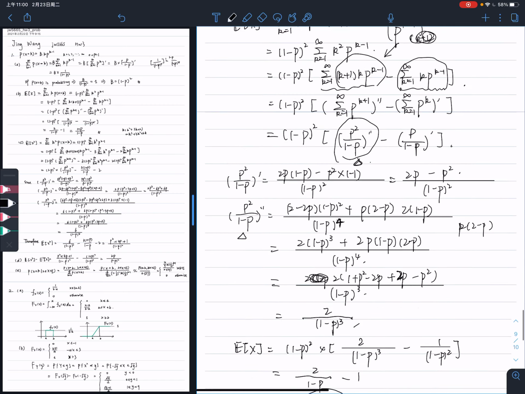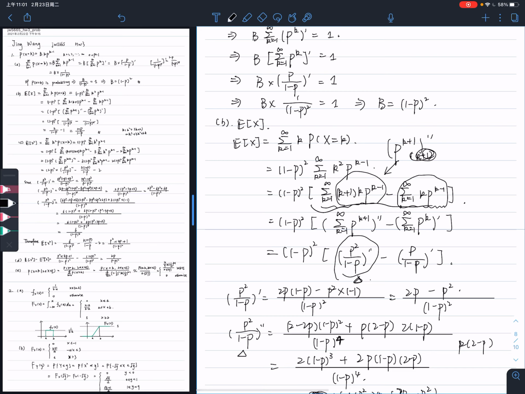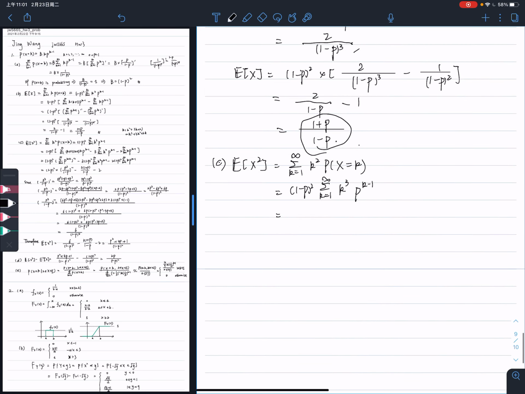Similar to the construction in problem B, we also want a gradient of a function: (1 minus p) squared times the sum of (k plus 2)(k plus 1)k p^(k-1), minus 3 times the sum of k squared p^(k-1), minus 2 times the sum of k p^(k-1).